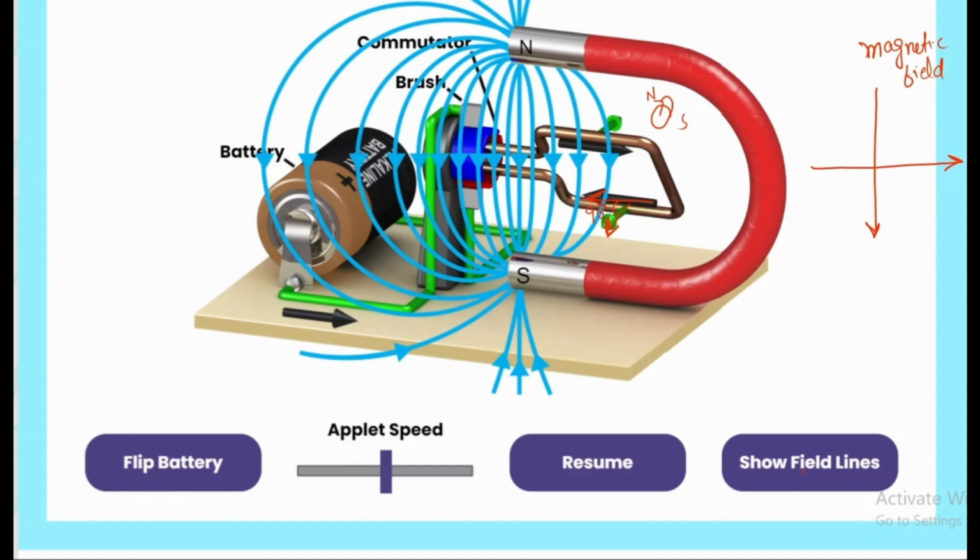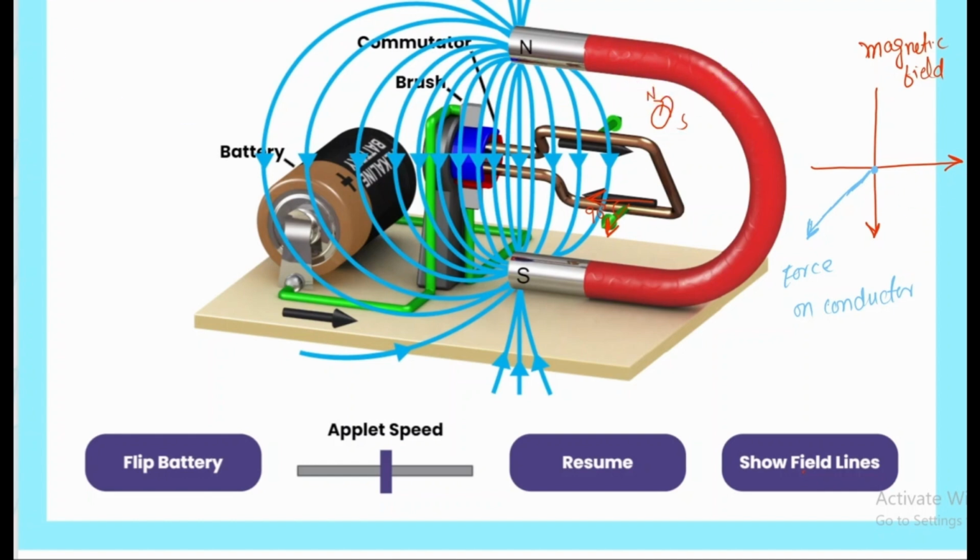This is the direction of the current, and now the direction of the force is perpendicular to the direction of the magnetic field and also to the direction of the current. So this will be in this direction. This is the force on the conductor, due to the interaction of the magnetic field of the conductor with the external magnetic field.